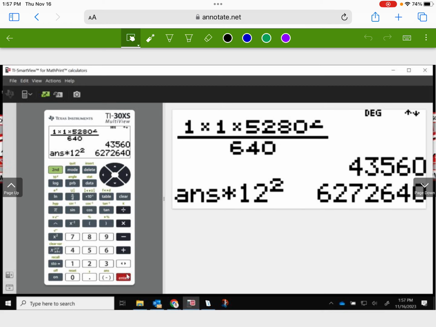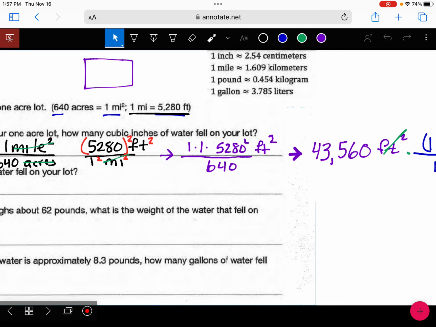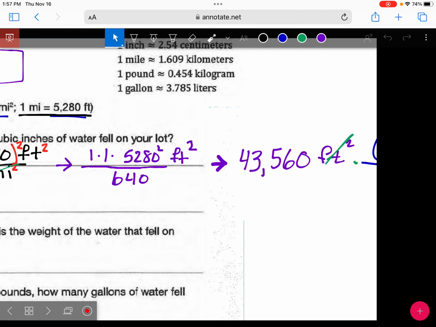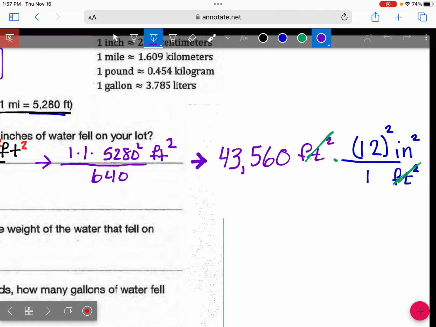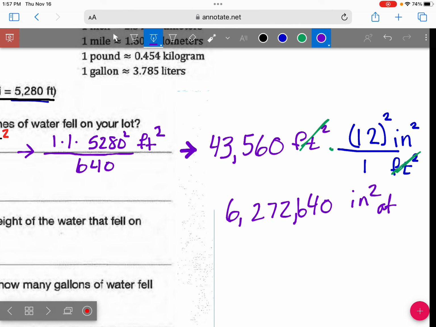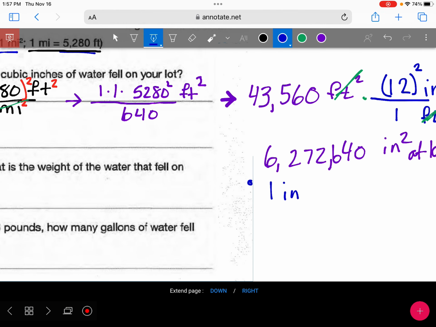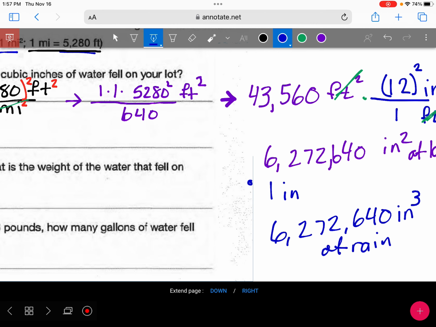If we take that times our 1 inch of rainfall, we get, so we have 6,272,640 inches squared of land times our 1 inch of rainfall, and we get, this is actually the answer for that first line, 6,272,640 inches cubed of rain, because we're timesing it by another inch.